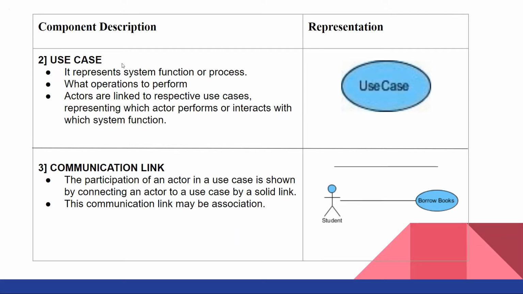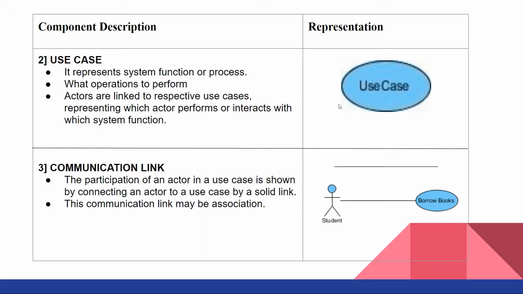Second component is nothing but the use case. So this represents the system function or the operations that a system will perform. So actors are linked to the respective use cases, and that will show which actor performs or interacts with which system function. And the representation of a use case is this ellipse.